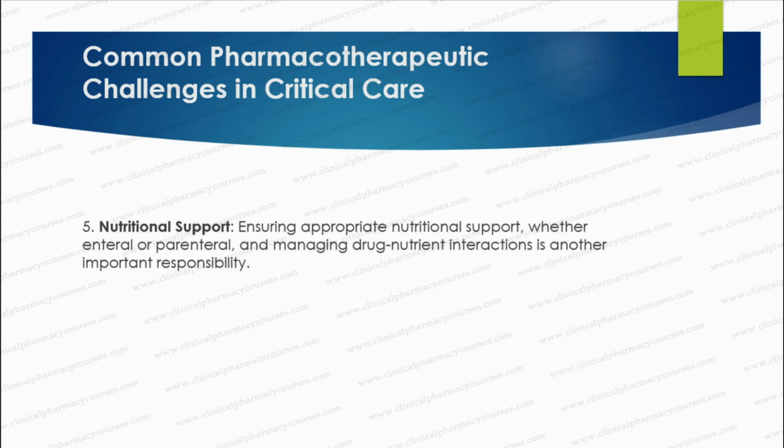Now, I want to give you an example of a patient that entered the ICU and how the clinical pharmacist deals with that patient on a daily basis. A very common example is sepsis, a patient entering or being referred to the ICU for the management of sepsis.